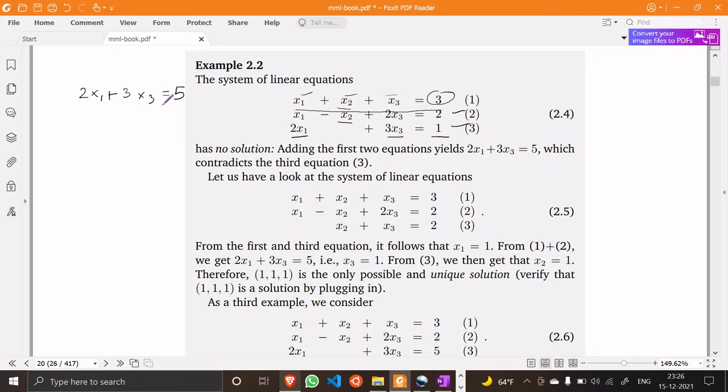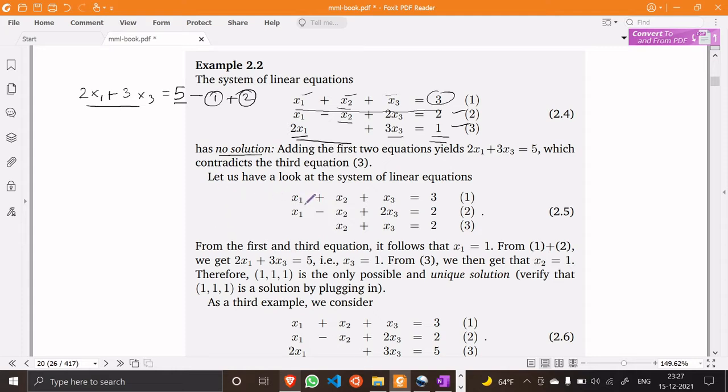But we already got this left-hand side from equation 1 plus equation 2. So the LHS in both cases is the same, but the RHS value is different. This cannot happen in maths. A value cannot be equal to 1 and 5 at the same time. So we say that this system of linear equations has no solution. Okay, so this is the first case.